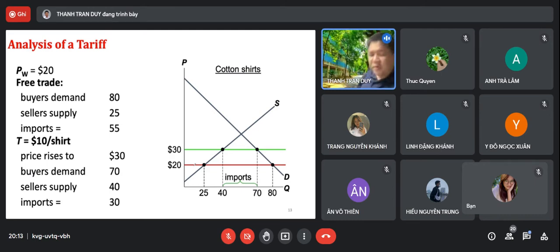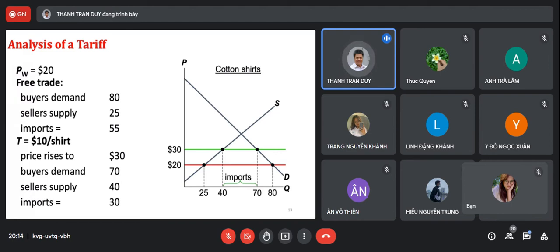However, look at the economist's point of view. Do you think economists are happy? Do economists support tariffs like this? Yes or no?